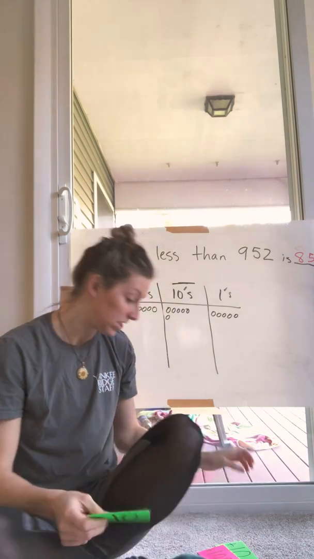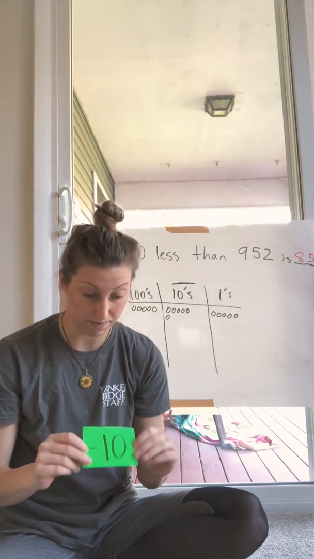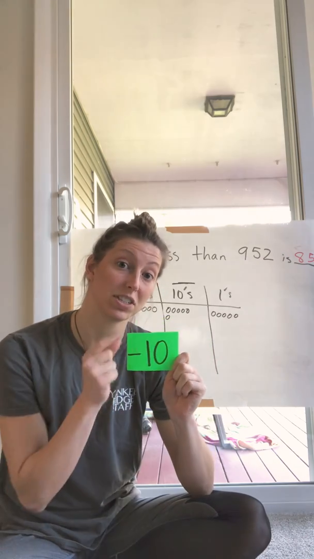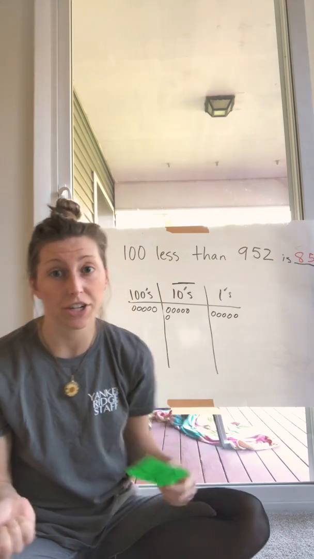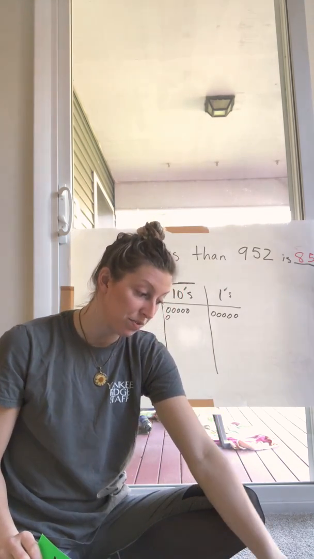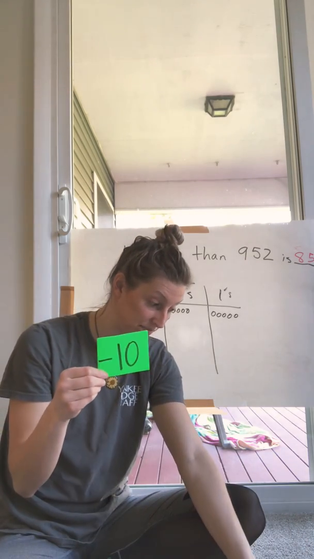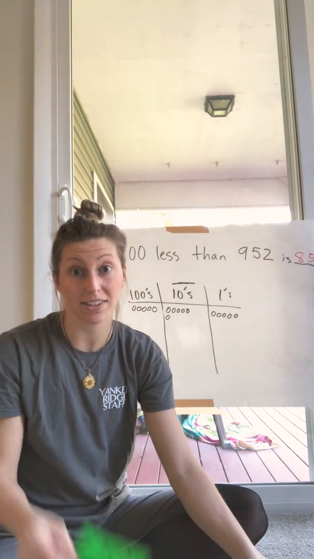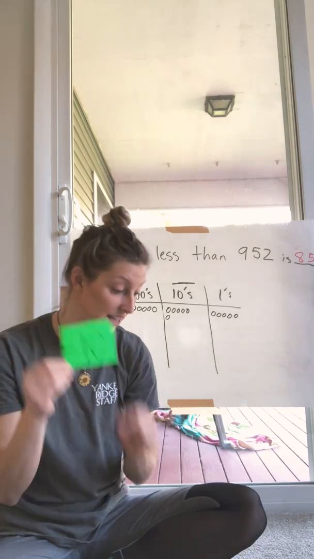All right, as a wrap up, I'm going to say some numbers and hold up the card. After I tell you the number, you're going to subtract 10, add 10, subtract 100, or add 100 to get the answer, okay? For every number I say, we're going to do 10 less. So when I say 20, you would say 10, right? Because 20 minus 10 is 10.